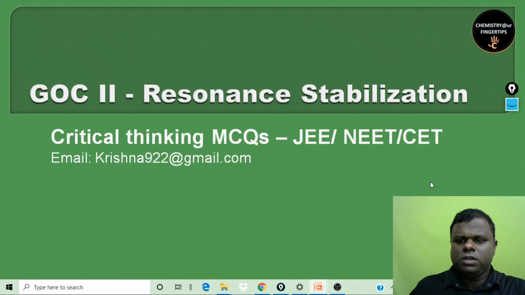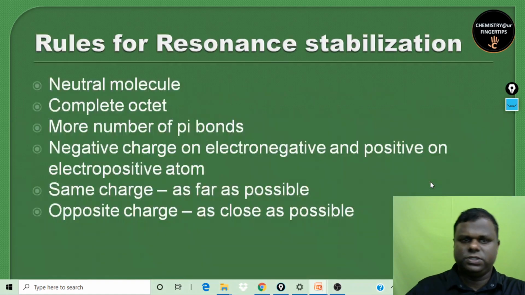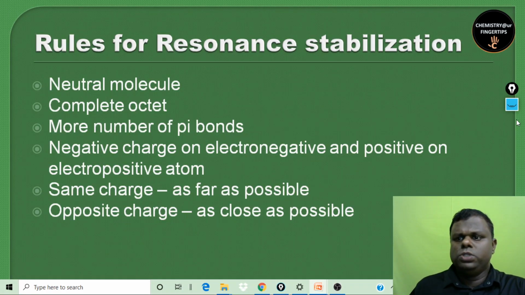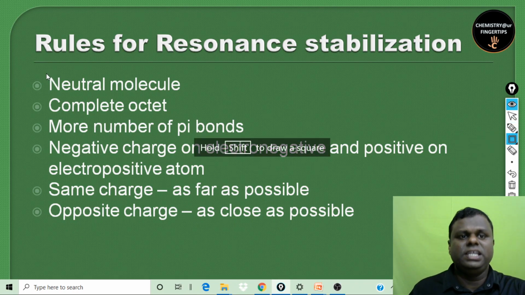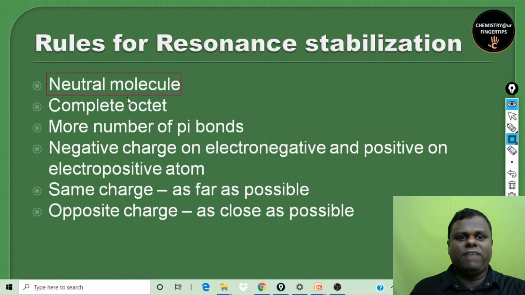Let's start first. What are the rules for resonance? I have already discussed this when I was discussing GOC 1. The molecule should be neutral; that is going to take the first preference. Then you have complete octet, and then more number of pi bonds. Then negative charge should be on an electronegative atom, and positive charge should be on an electropositive atom.